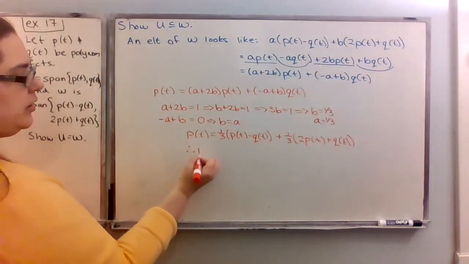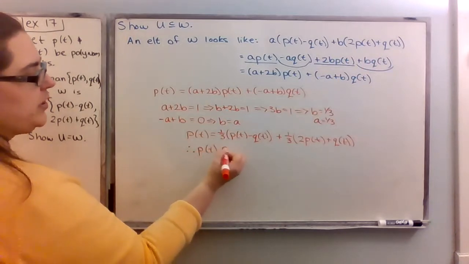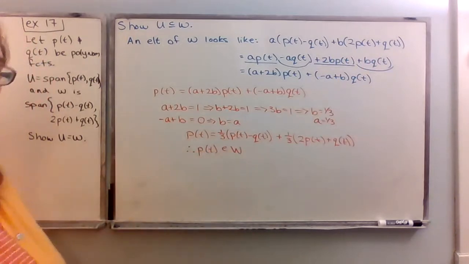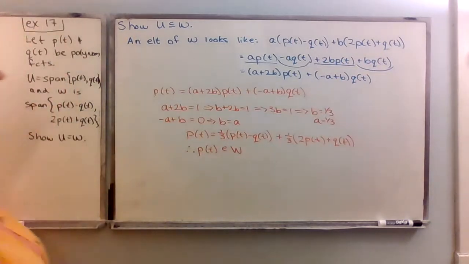Therefore, P of T is an element of W, because we can write it as a linear combination of its defining pieces.